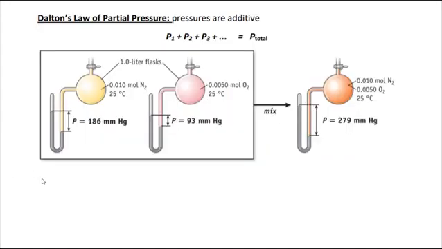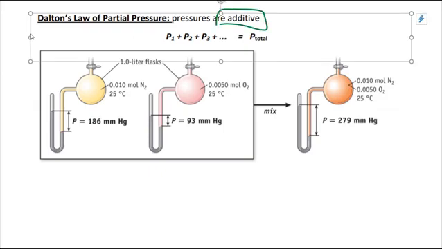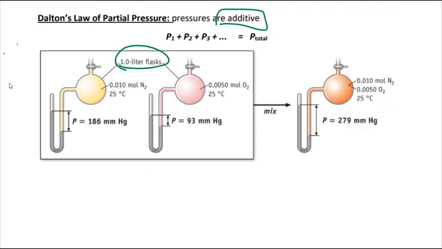All right, moving on, looking at Dalton's law of partial pressure. What's important to see is that pressures are additive. It is important to see that both of these are 1 liter flasks, so I am looking at the same volumes of two different pressure systems.